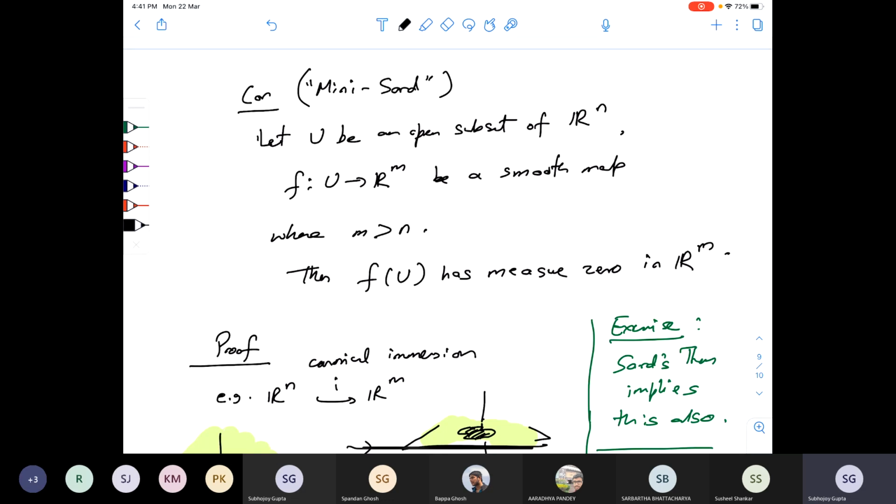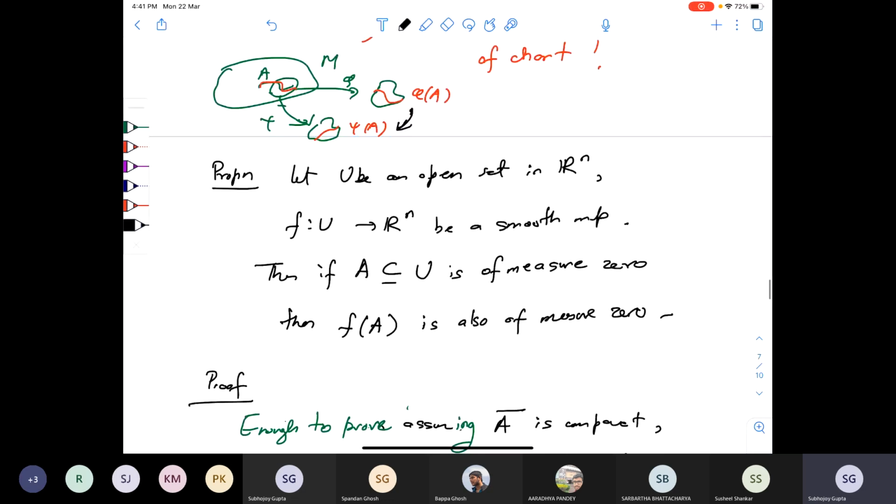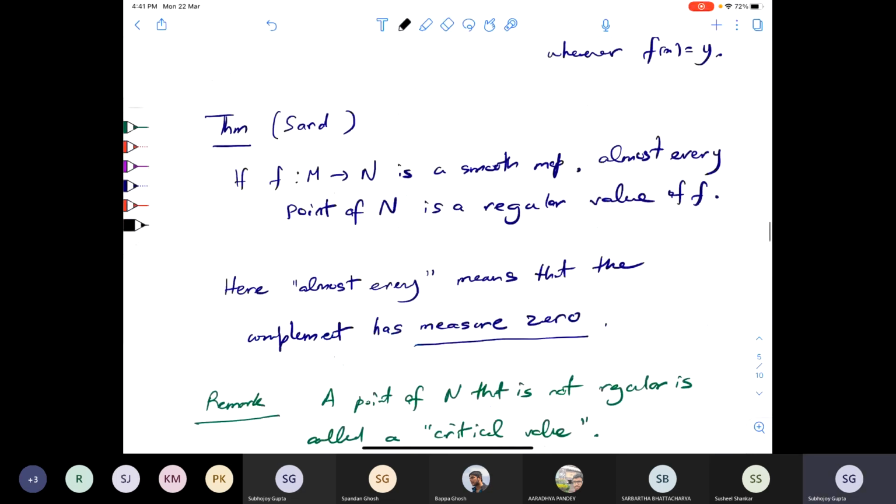This is also a corollary of Sard's theorem, which I stated at the beginning, but we are not going to prove Sard's theorem. I leave you to look it up; one of the books that has a proof is Milnor's book, Topology from a Differentiable Viewpoint. You can find it in many places.